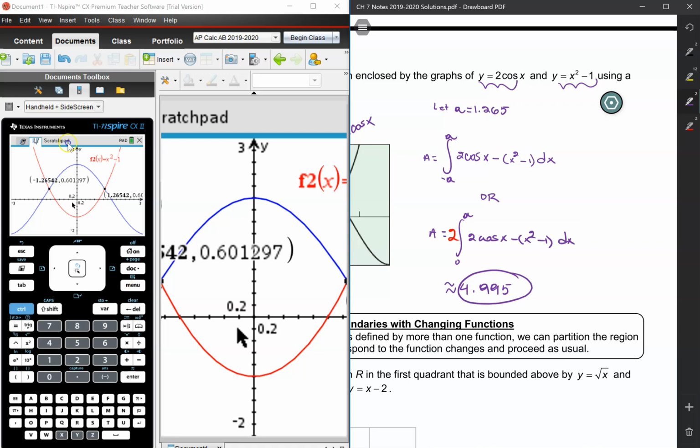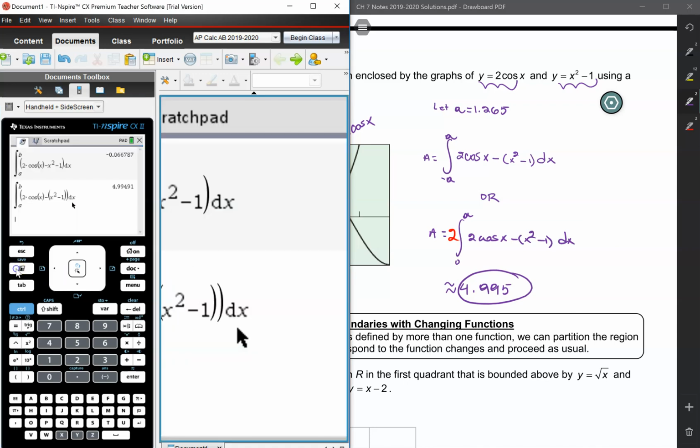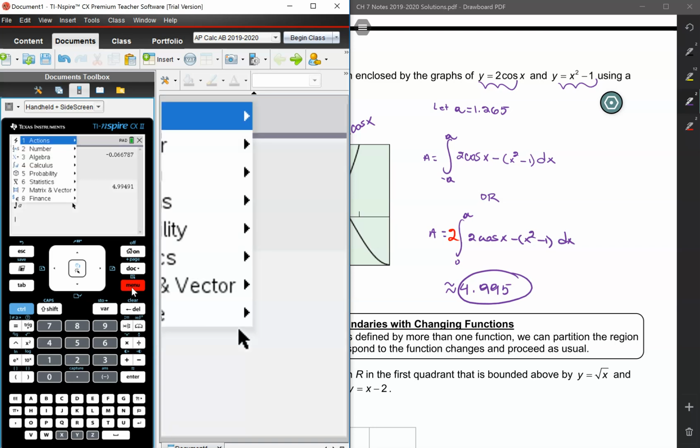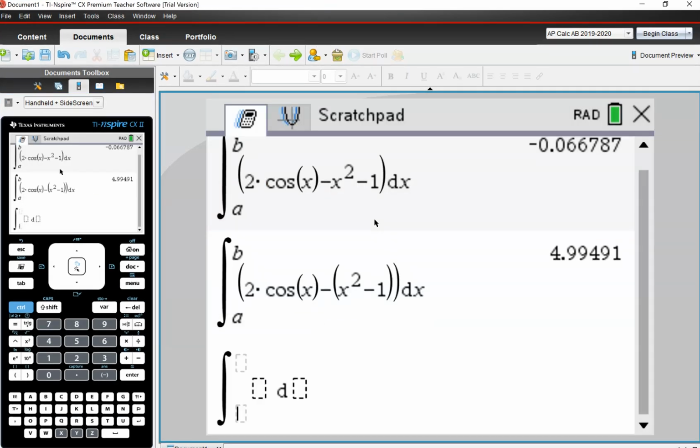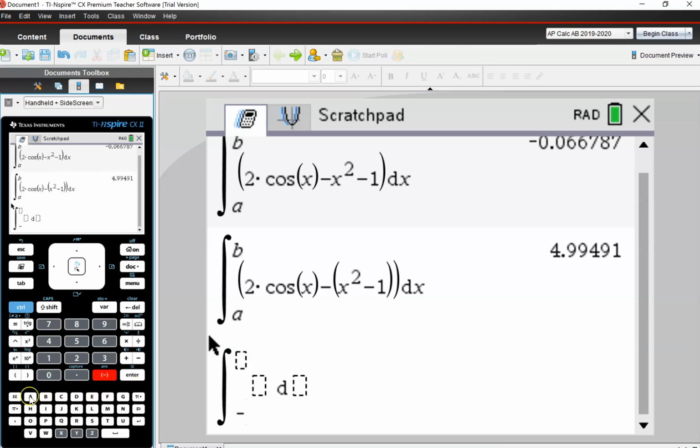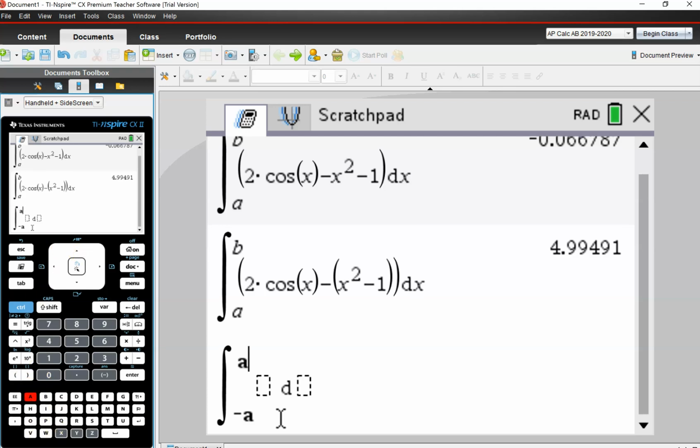Okay, so when you go here, you could also have done menu, numerical integral. So you could have also done negative A to A. And you could have also done, because we've already stored our functions, you don't have to retype your functions.